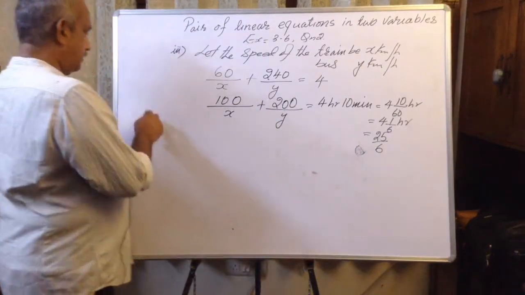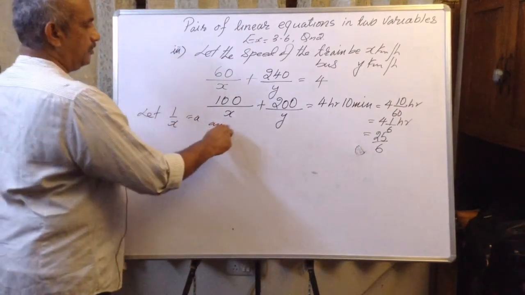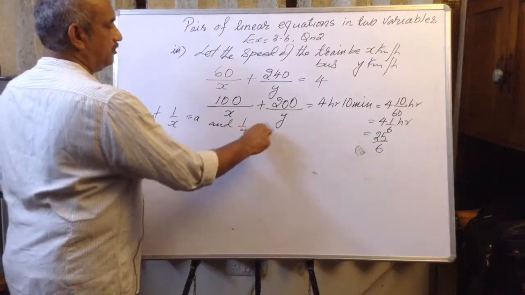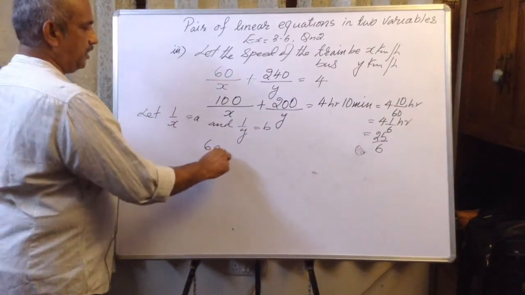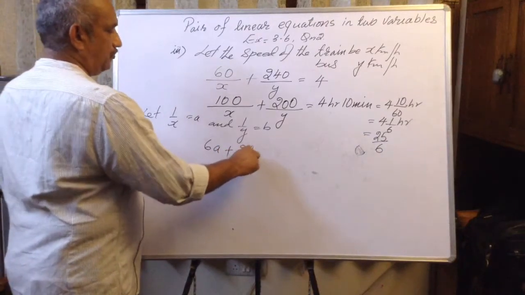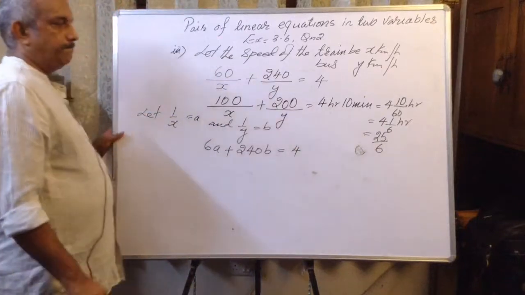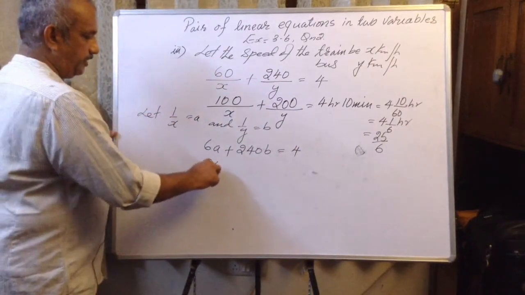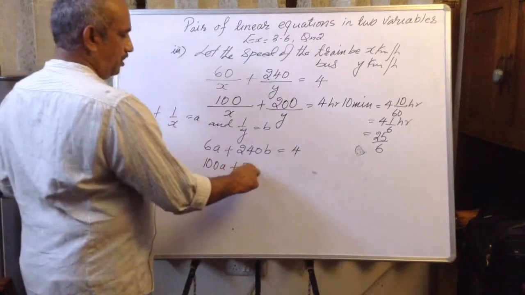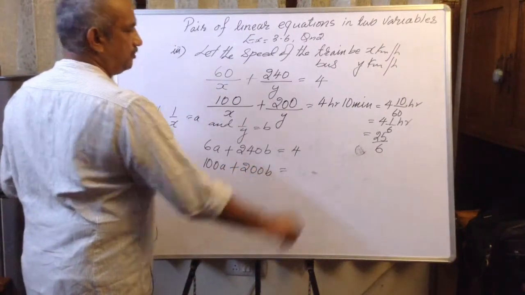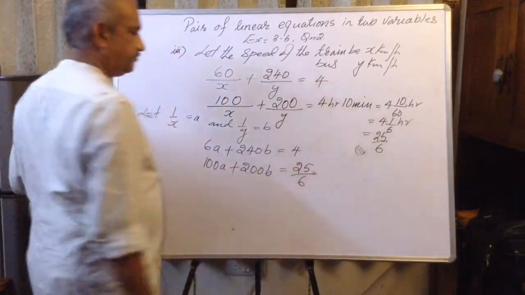Now let 1 upon x be equal to a and 1 upon y be equal to b. So we get 60a plus 240b is equal to 4. Second one, 100a plus 200b is equal to 25 upon 6.